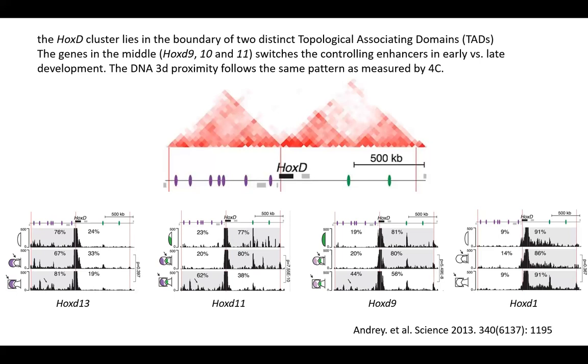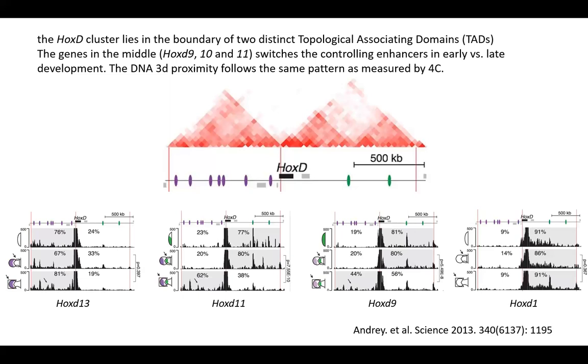But as the development goes by and you get these purple digits genes, the later HOX genes expressed, you can see that the middle HOX genes now start to interact with the telomeric enhancers. So it still didn't show whether this interaction change is causal to the regulation of this gene, but it is aligned with the expression change that is going on.